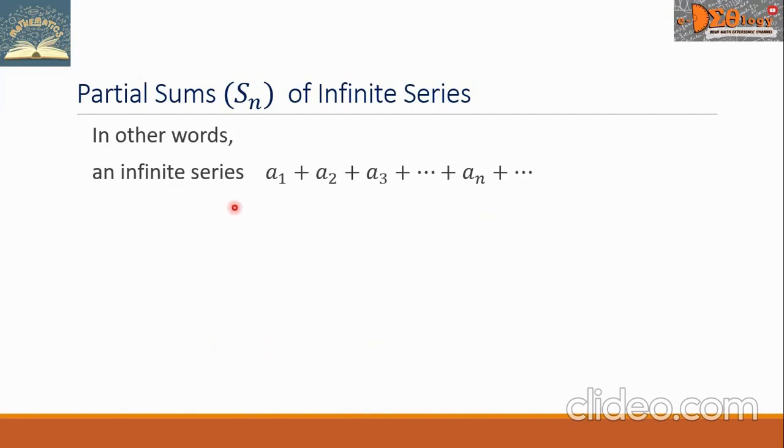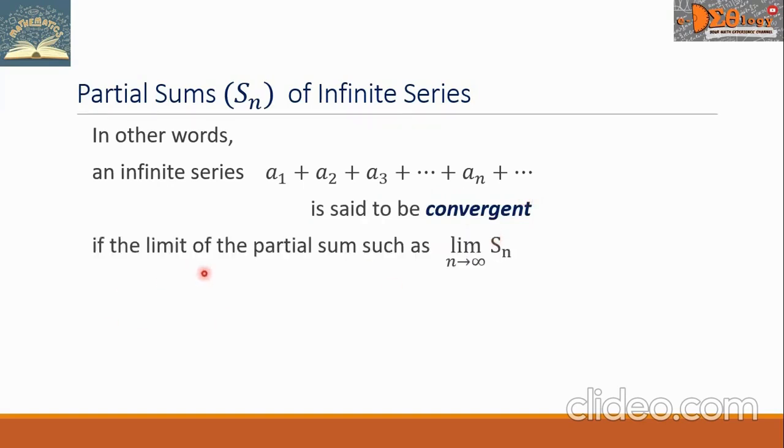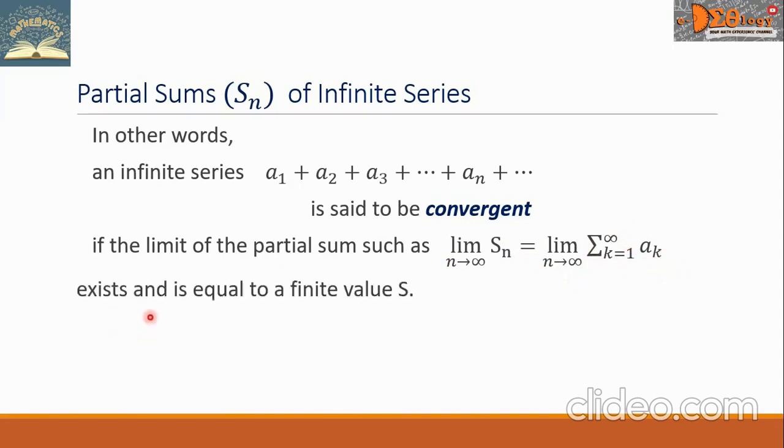In other words, an infinite series a sub 1 plus a sub 2 plus a sub 3 plus up to a sub n plus and so on is said to be convergent if the limit of the partial sum, the limit as n approaches infinity of s sub n, which is equal to the limit as n approaches infinity of the summation from k equals 1 up to n of a sub k, exists and is equal to a finite value s.